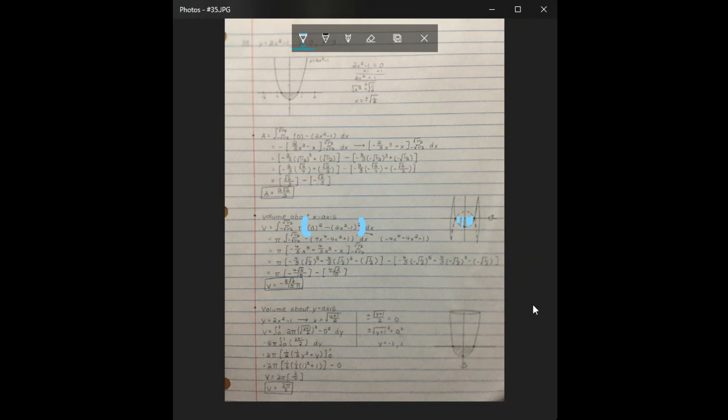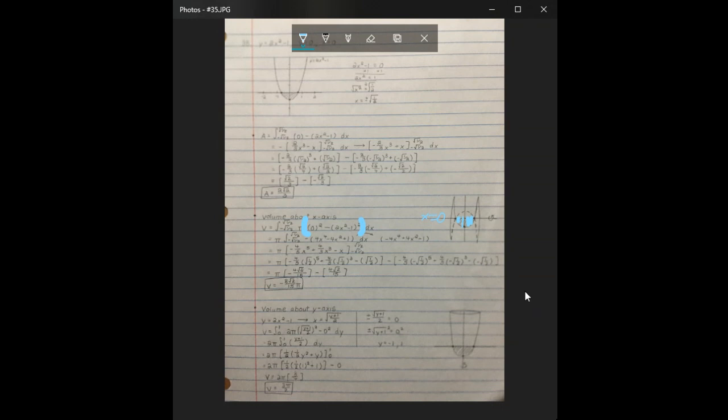Why is it a negative value? Oh, because the volume is underneath x equals 0, so it has to be negative. Because you use 0 minus (2x squared minus 1) squared. But sometimes, if we want to think of the volume, negative does not make sense. We could just flip those two r's.